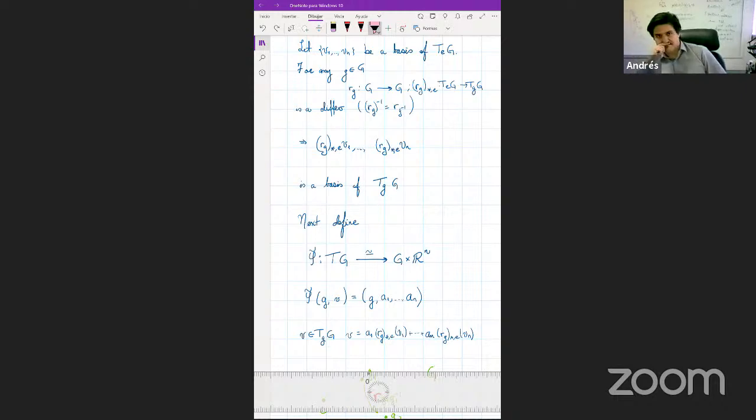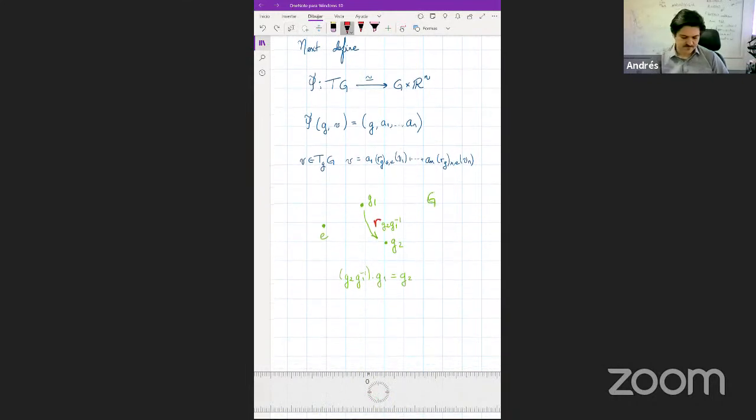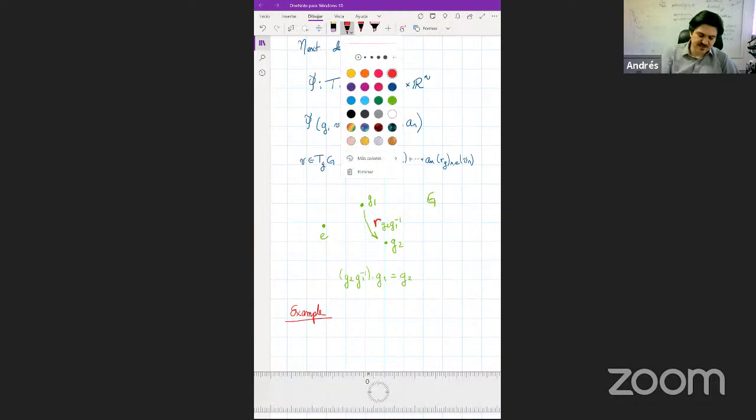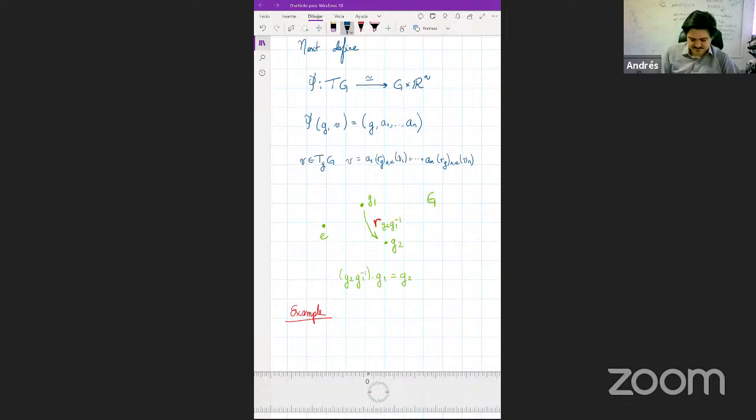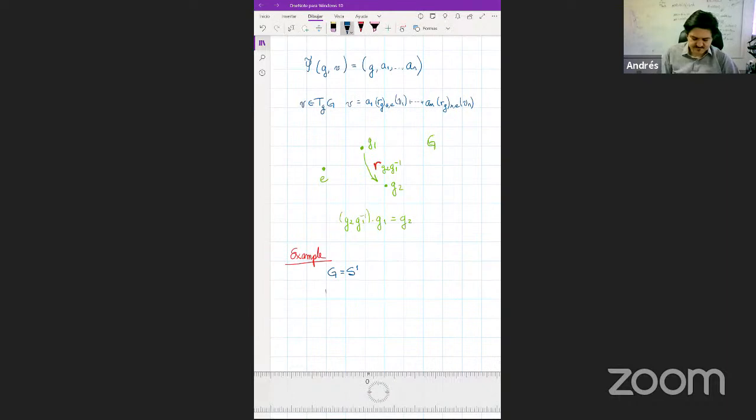Any questions? For instance, something that you can see now, if G is the circle, so the tangent bundle of the circle is the cylinder.